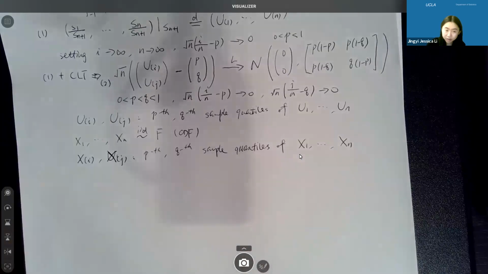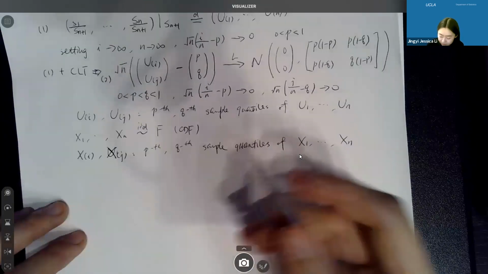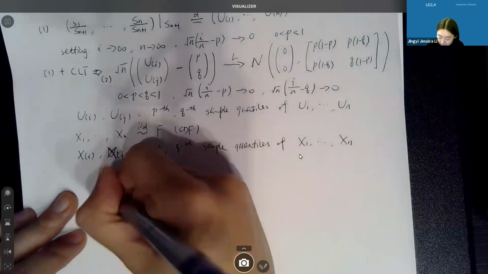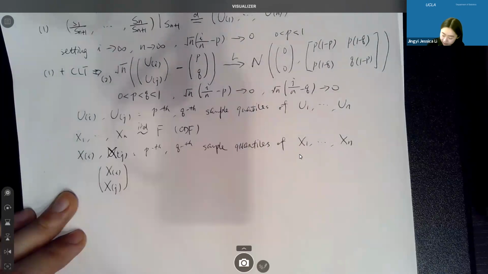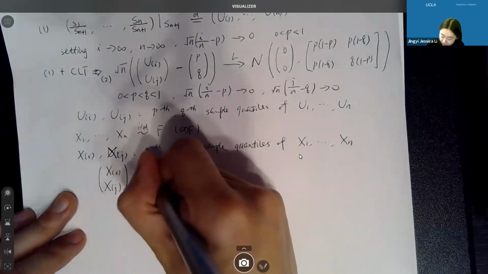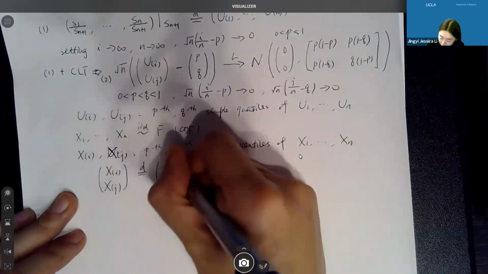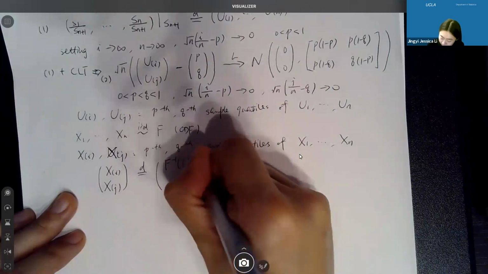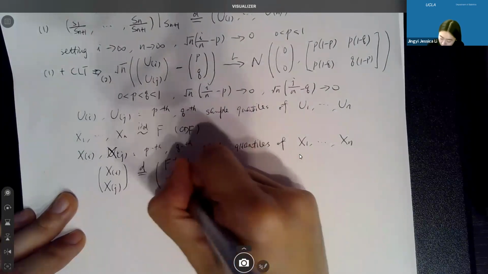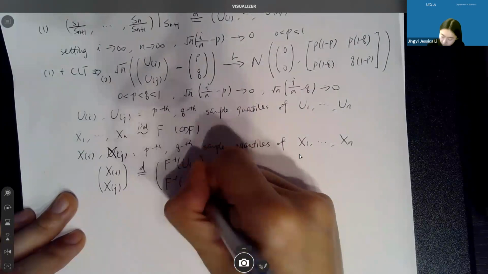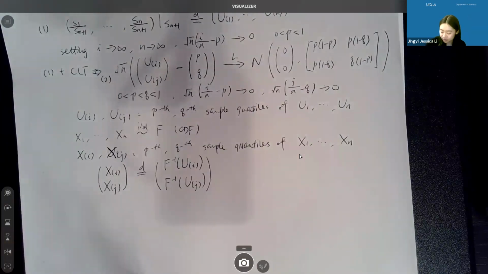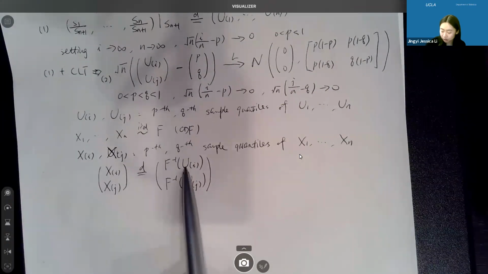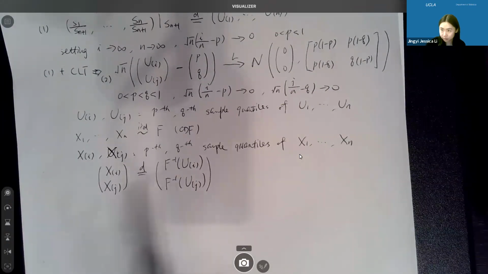So with this, an important result we have is that Xi, Xj would have the same distribution as F inverse Ui, F inverse Uj. The reason is that we can go from this uniform distribution through this F inverse transformation to the F distribution.